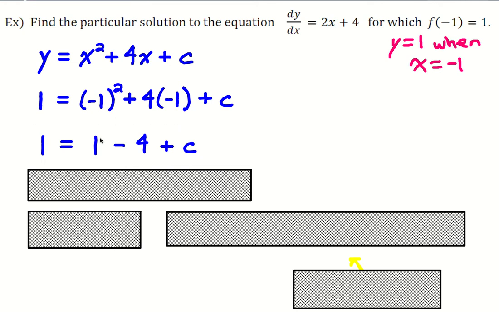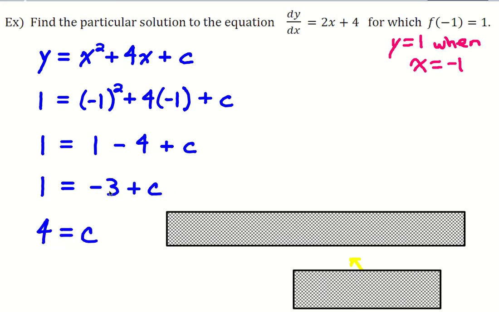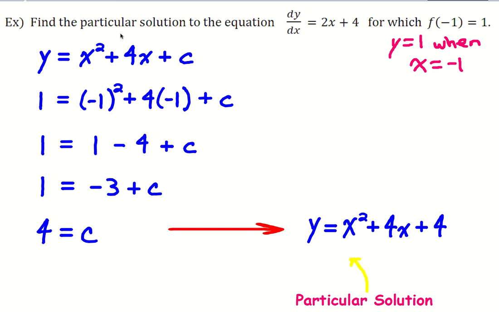Negative 1 squared is 1, 4, yada, yada, yada. And we end up with c equals 4. So now we can rewrite our answer knowing that our c value is actually 4. And this would be, of course, what they're asking for, the particular solution.